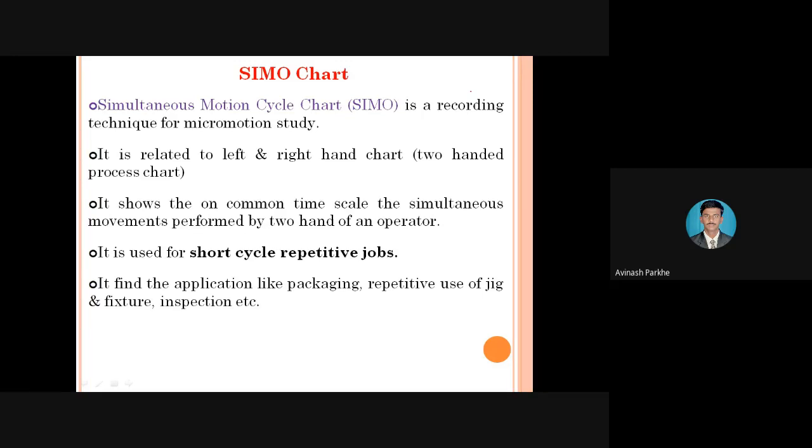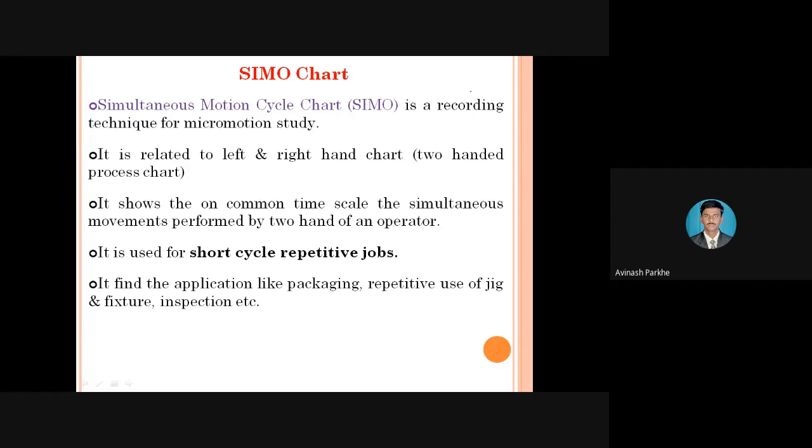In a micro motion study, we use one camera to record all the movements, and that concept is called motion pictures. If we are performing any activity, it can be recorded by using a recording device, which is called a camera.